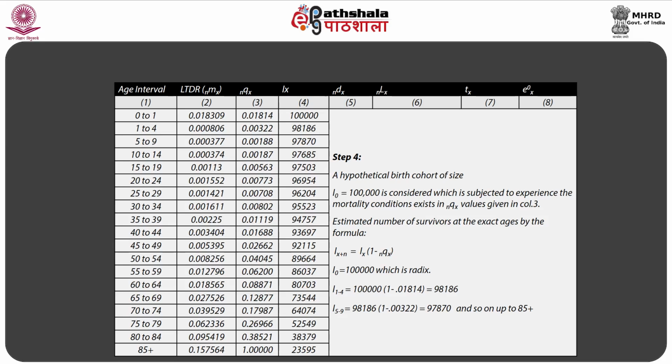Small l 1 equals 100,000 into 1 minus 0.01814 equals 98186. Similarly, l5 equals 98186 multiplied by 1 minus 0.00322 equals 97870, and so on up to 85 plus.